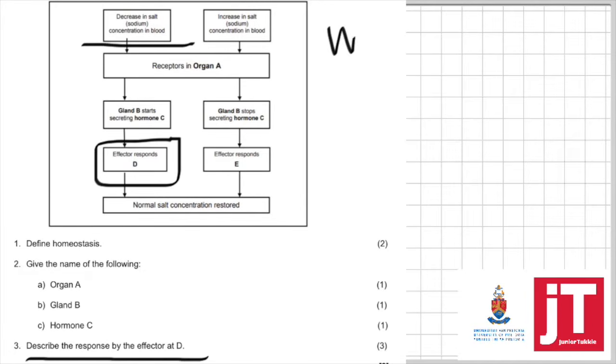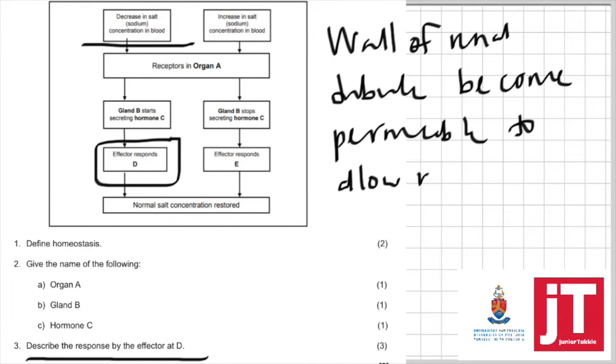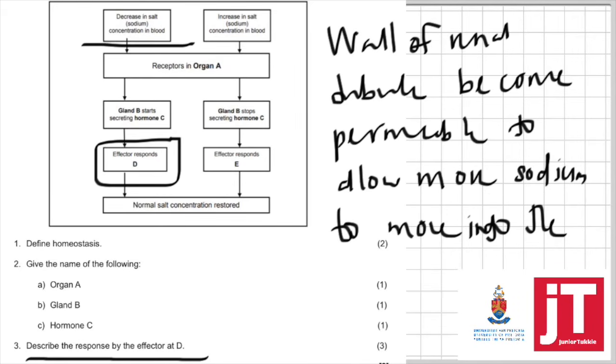Then, of course, the wall of the renal tubules become more permeable to allow more sodium to move into the blood capillaries. And that is now your response for 3 marks.